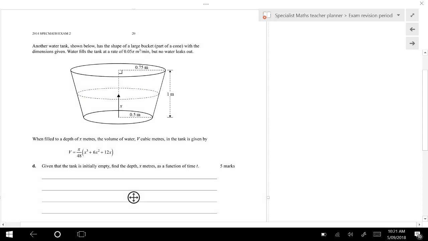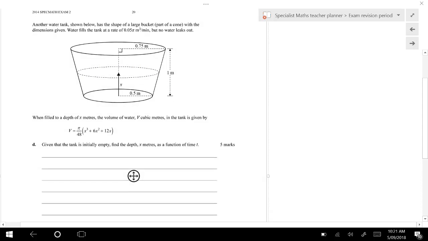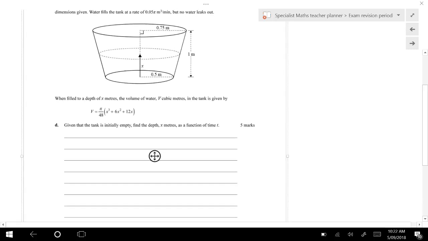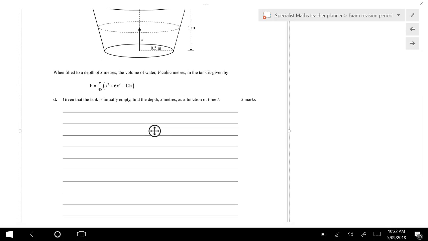Now, they then ask this question here, which is worth 5 marks. I thought this was fairly straightforward, but there were quite a few ways in which you can slip up here. Given the tank is initially empty, find the depth x as a function of time. First of all, we want dx dt.